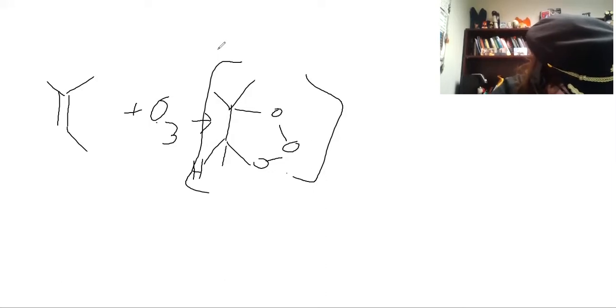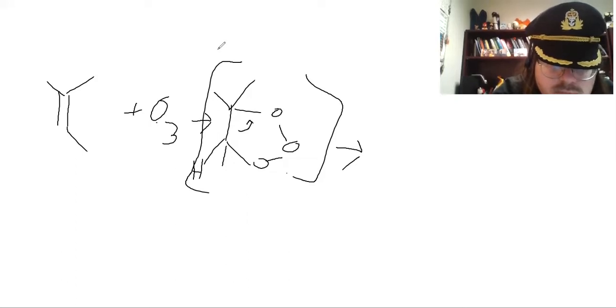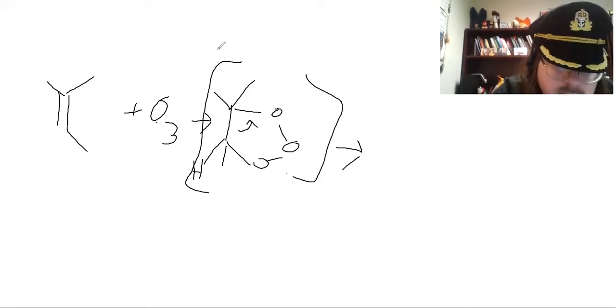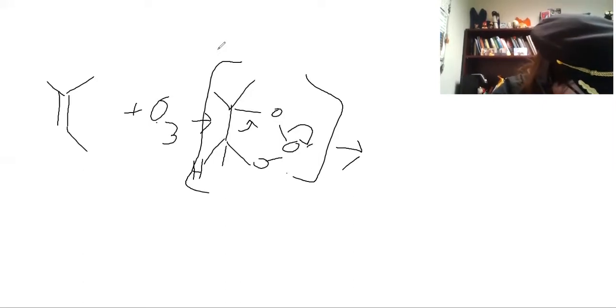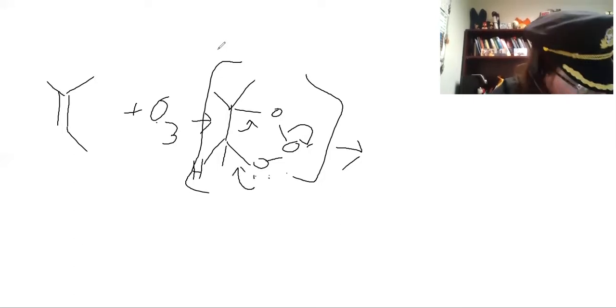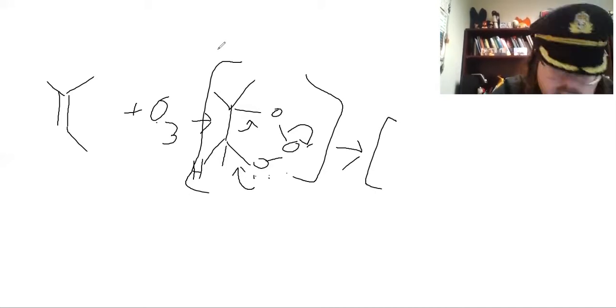So this intermediate actually rearranges itself. It rearranges itself by going boop. It's kind of cool. That drops there. And we have a lone pair from this guy swinging into this. So what you have, you end up forming this guy real quick.